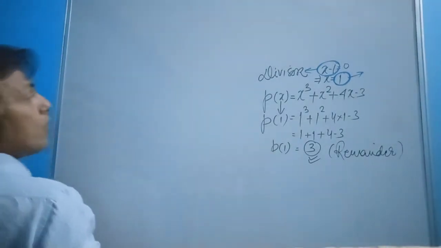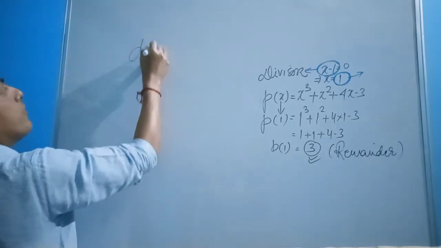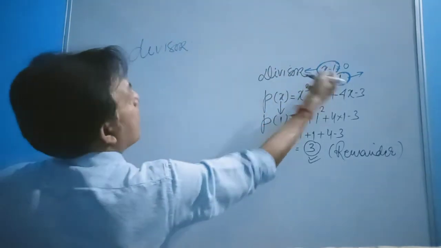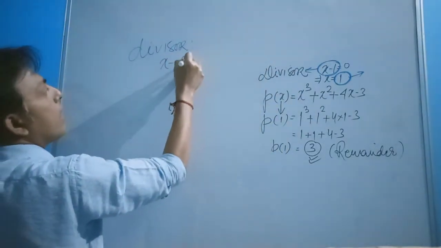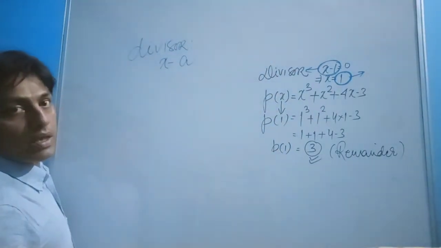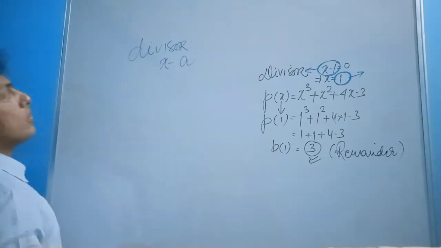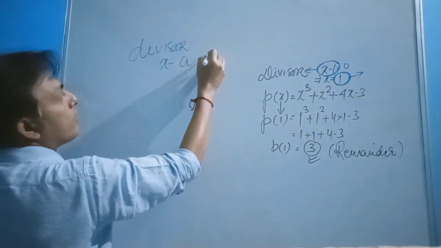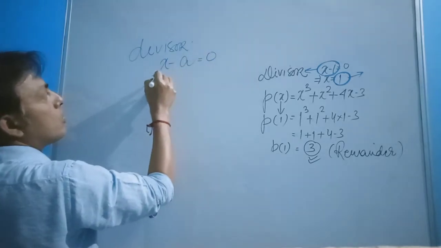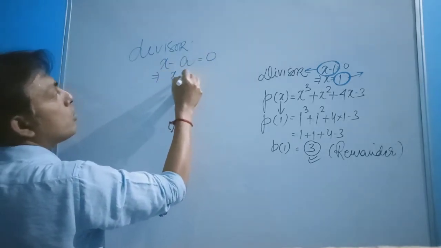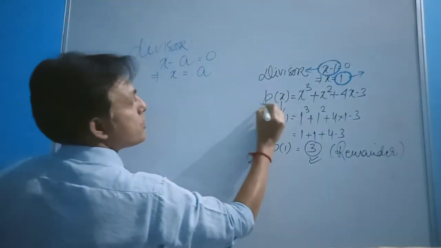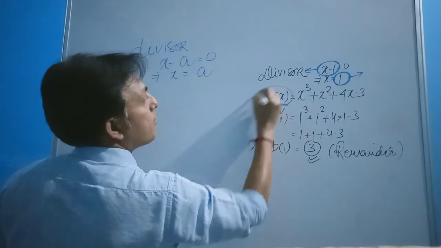Suppose we are going to divide by x minus a. Correct? What was the method? The method says to put the divisor equal to 0. You will get a particular value of a, and the same value will be substituted into the polynomial.